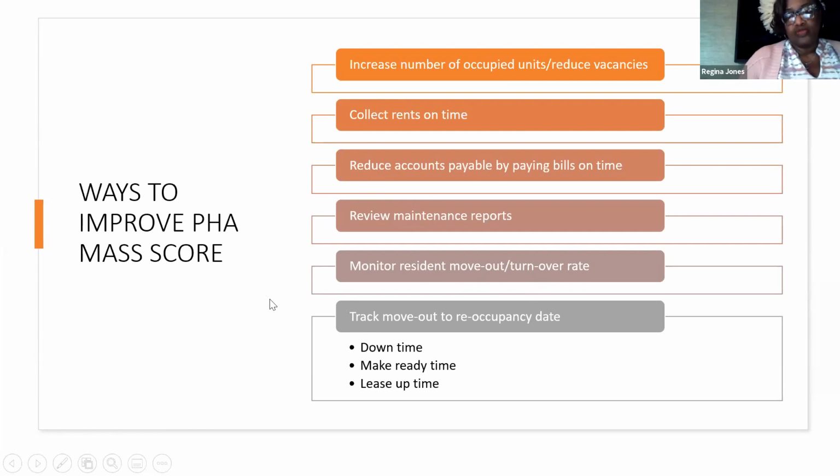This is all important for MAS. And track your move out to reoccupancy dates as best possible. Remember downtime, make ready time, and lease up time. All these are very important to track under MAS.